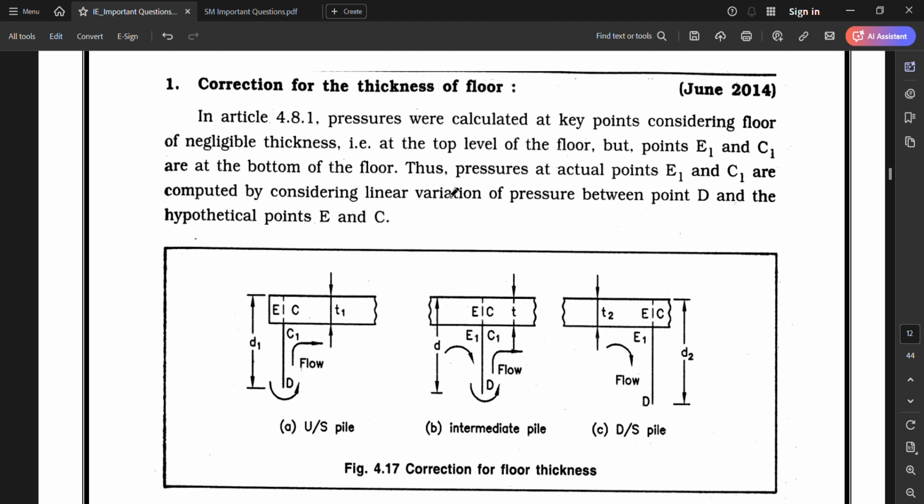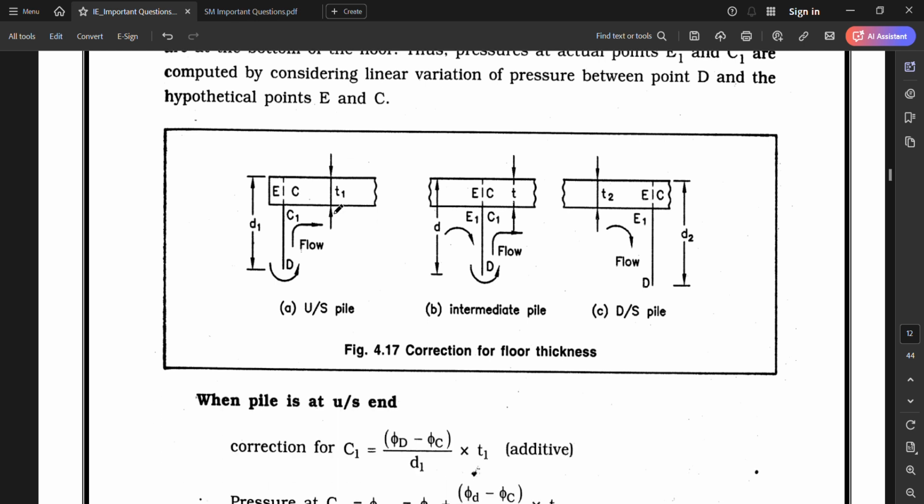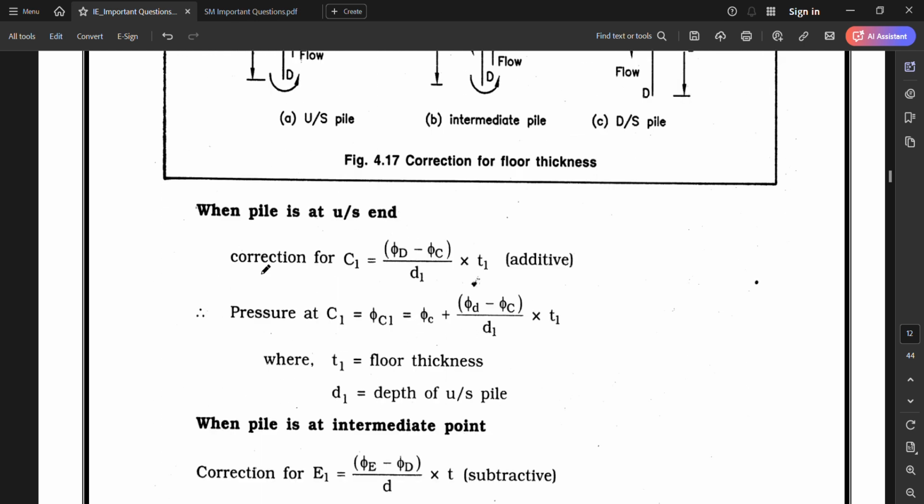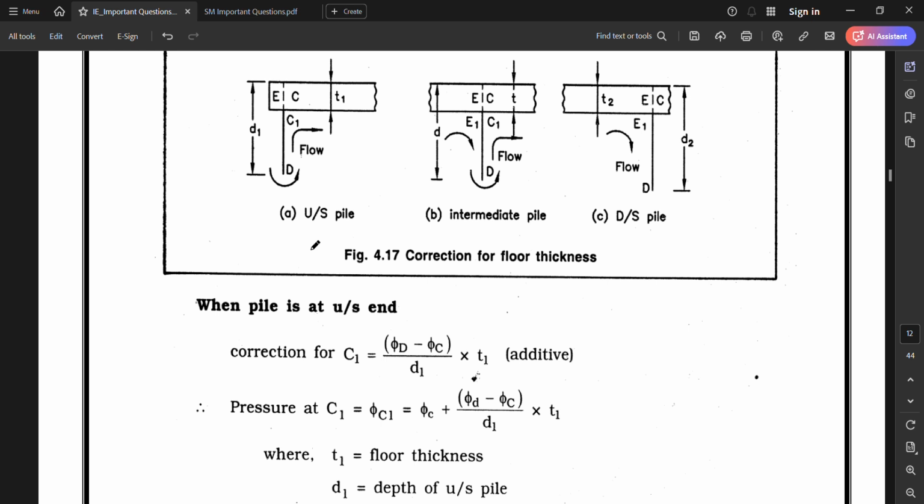Thus, pressures at the actual points E1 and C1 are computed by considering linear variation of pressure between point D and the hypothetical points E and C. When a pile is at upstream side, the correction for it is C1.